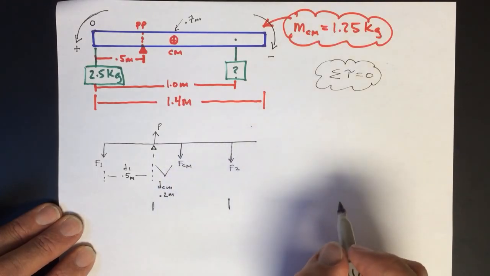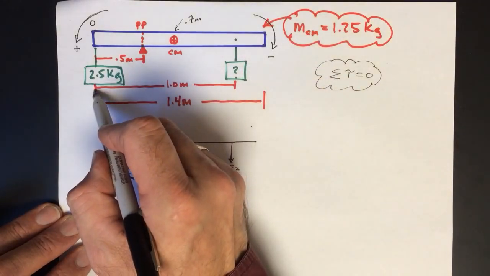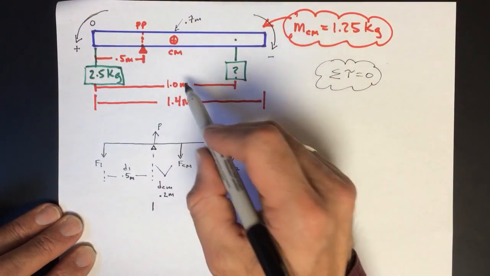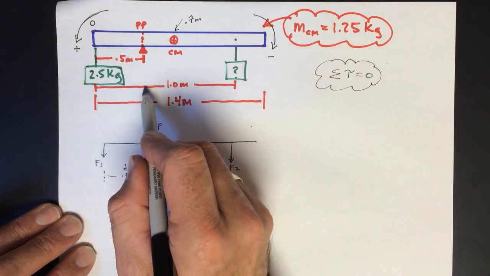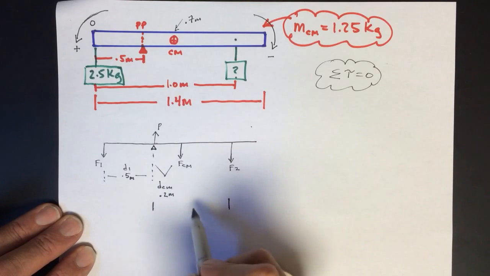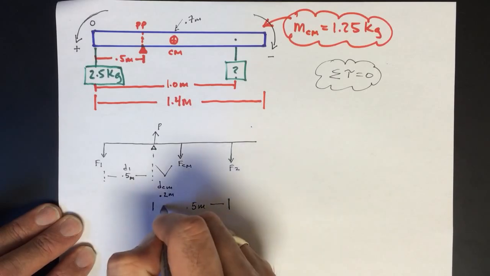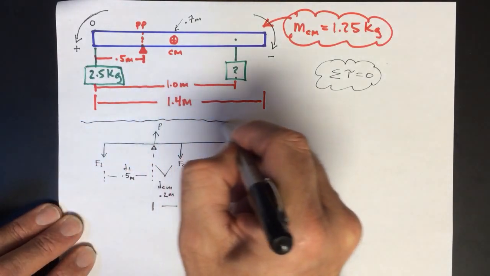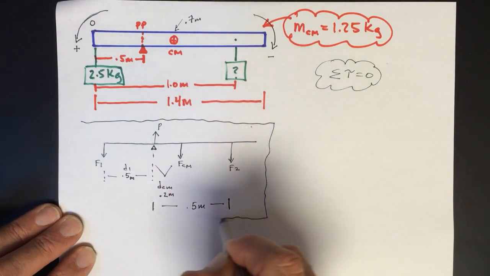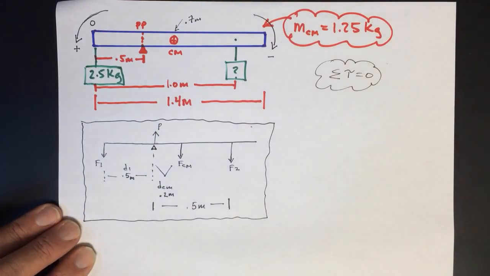What's that distance going to be? Well, since I know that from the left edge to the hanging mass is 1 meter, and the pivot point is located at half a meter, that would make this 0.5 meters. Now I know my diagram's not to scale, but all the numbers are here. So that's our free body diagram along with the relative distances which I need to calculate torque.